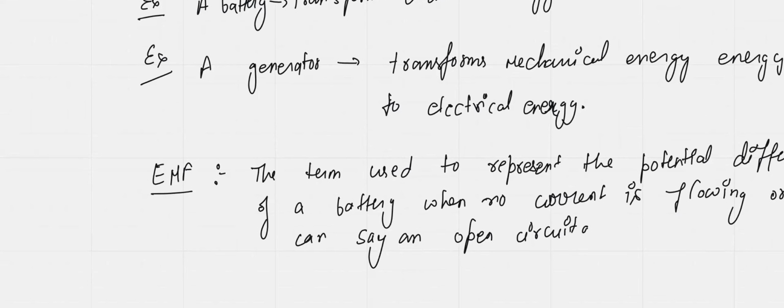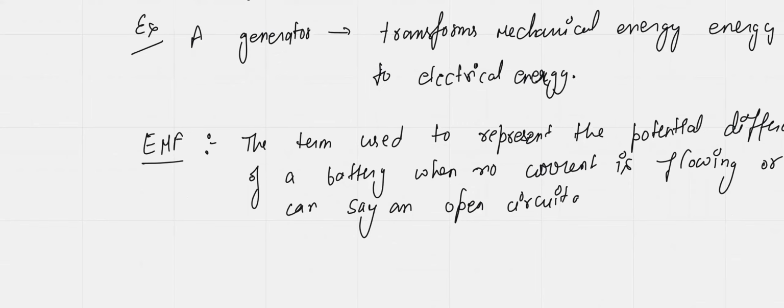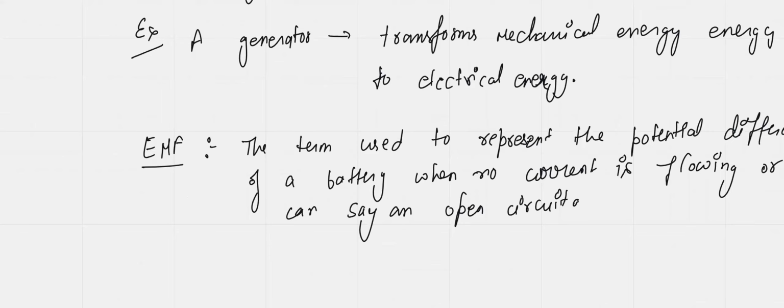Okay, if you have ever seen some toy cars which are cell or battery based, what happens is after a certain time the car reduces speed. The reason is the battery does not give the same potential difference which it could in the newer case.